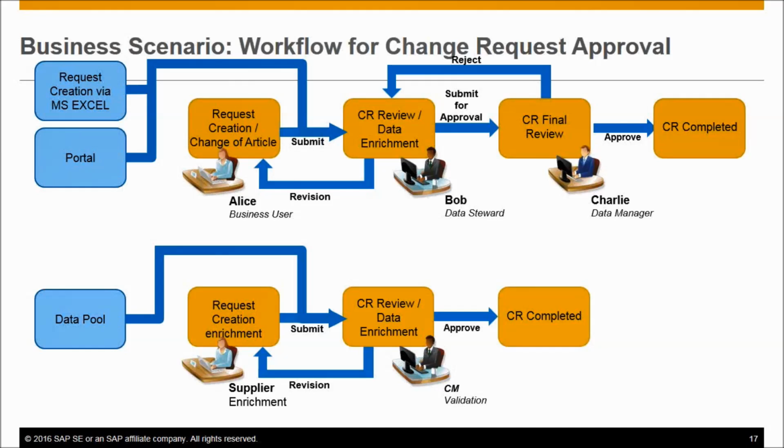Then I want to have enrichment from Bob, and I want to have the final approval from Charlie, the data manager. I could actually have multiple Bobs sitting in parallel and maintaining, for example, Bob procurement is responsible for the procurement data and Bob warehouse for the DC data.